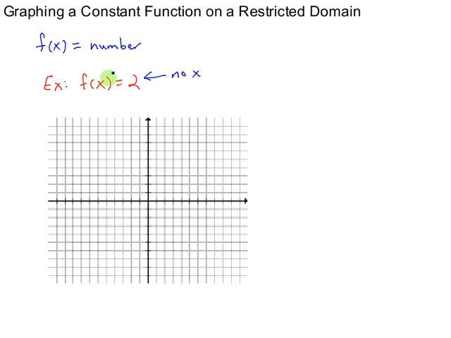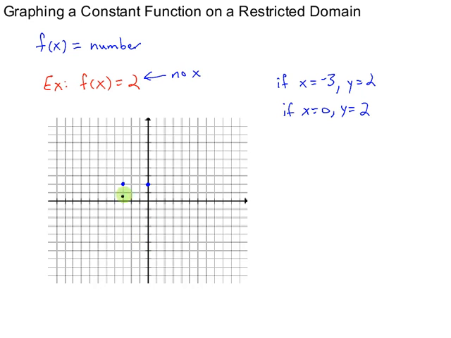Because let's just look at some ordered pairs here, some inputs and outputs. If the input x is -3, then the output is 2. So you get when x is -3, y is 2. If x is 0, y is still 2, right? So you get when x is 0, y is 2.